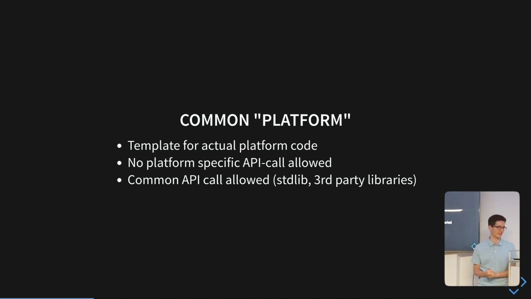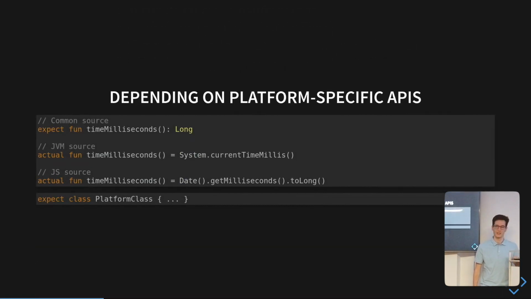But what if you still need to depend on platform-specific APIs, or what if you need to design some code that works differently on each platform? For that reason, JetBrains created this mechanism called the expect actual mechanism.